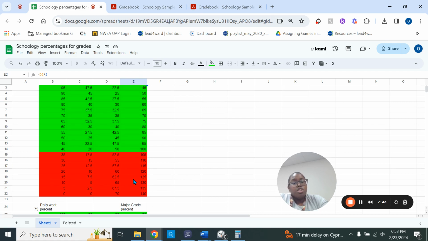That means you will need 125 in your daily works to pass my class, which is impossible because daily works only go up to 100. So if this were to stay like this, you would fail the class. And that's kind of how it would work.